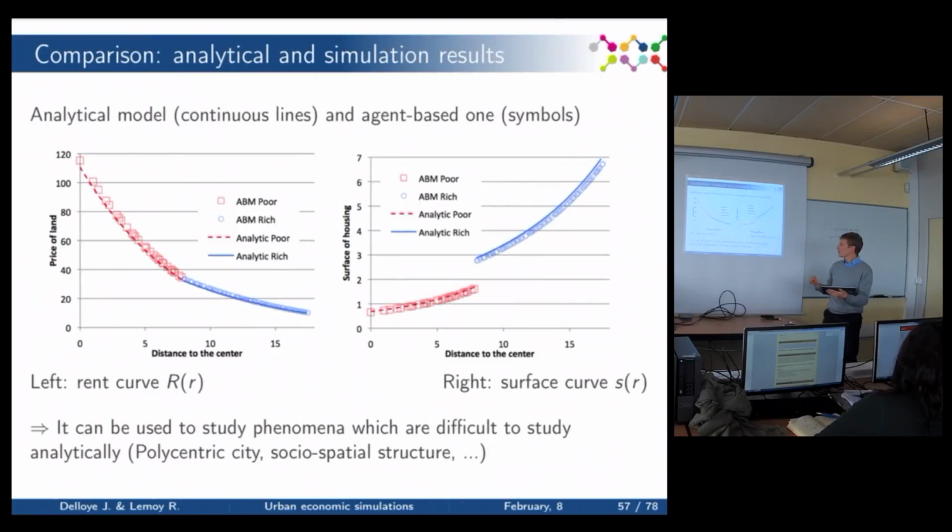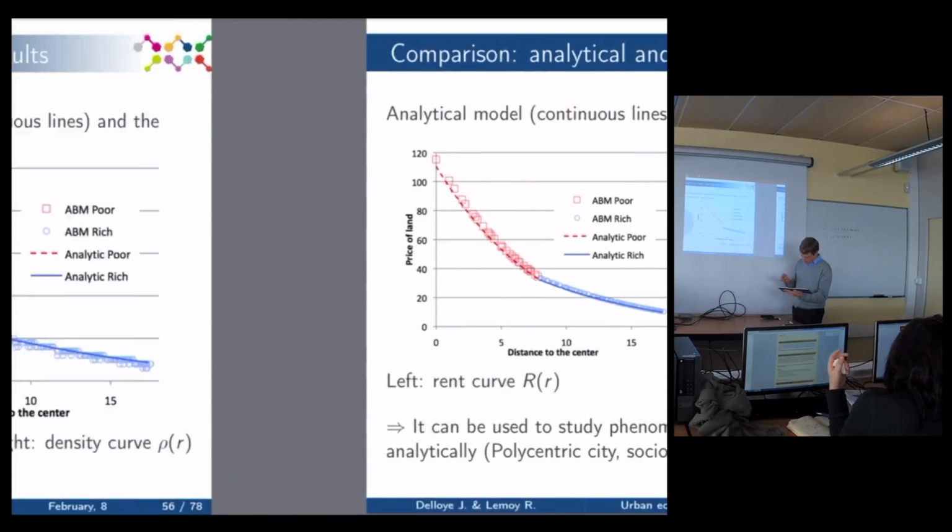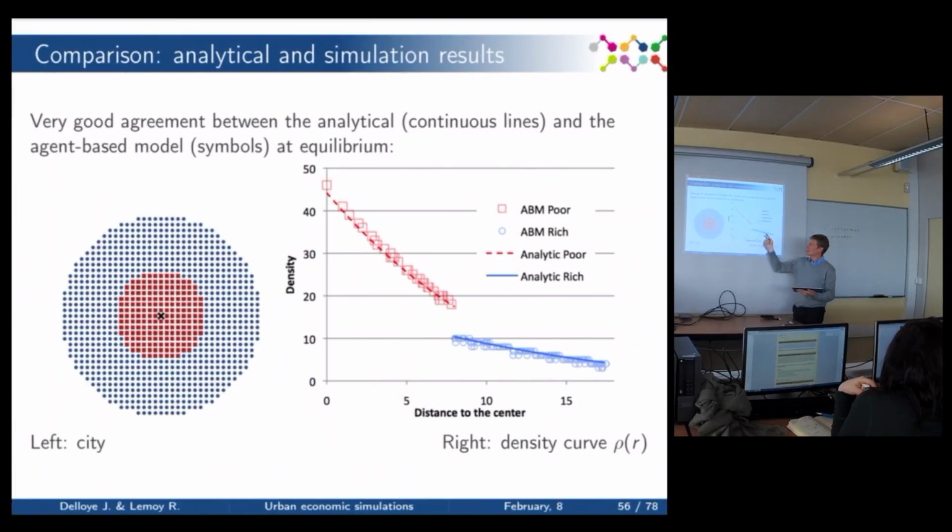Well, let me go here. So this is rent. Oh yeah, this is density, sorry, next slide, yeah. So this is the density curve as a function of the distance to the center. People in the very center have a very small housing surface, but they don't have to commute, they can go by foot. So they are happy because of that.